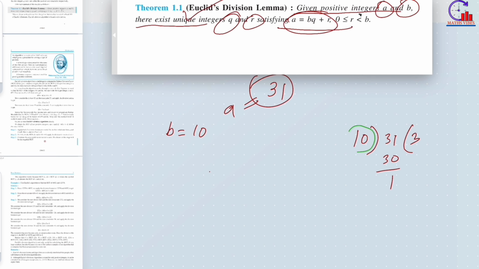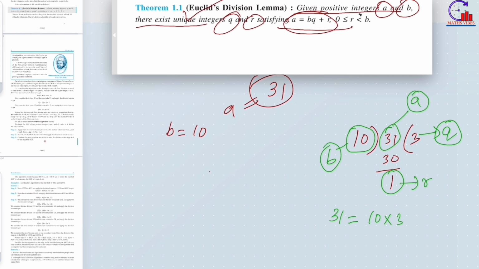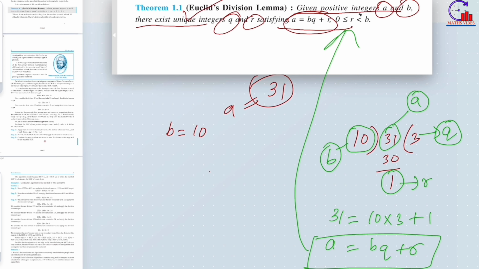Here B is equal to 10, A is equal to 31, Q is equal to 3, and the remainder R is equal to 1. So 31 is equal to 10 into 3 plus 1. That means A is equal to BQ plus R, which is actually the Euclid's division lemma.